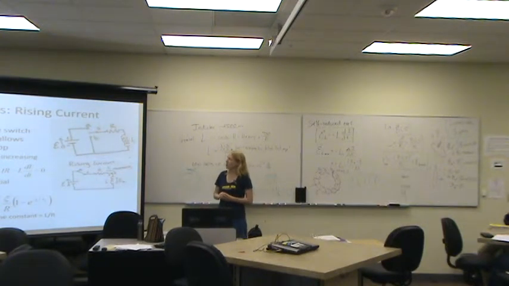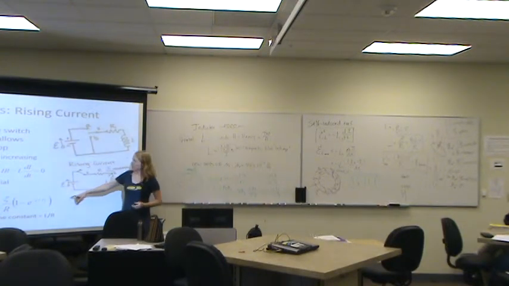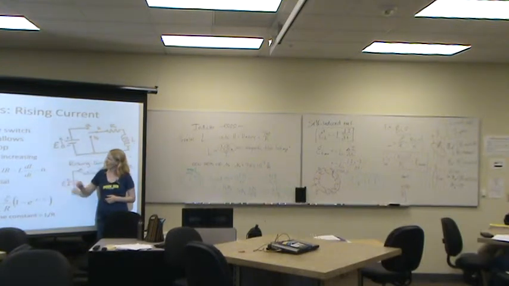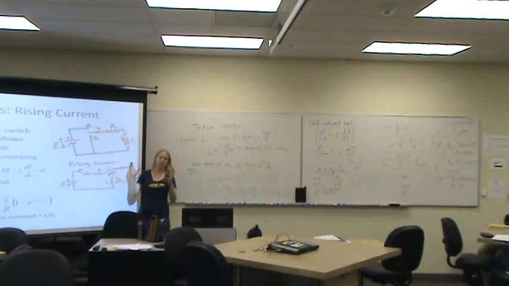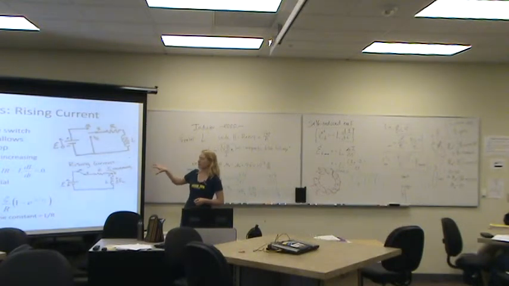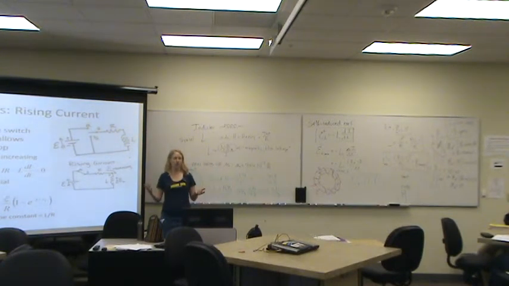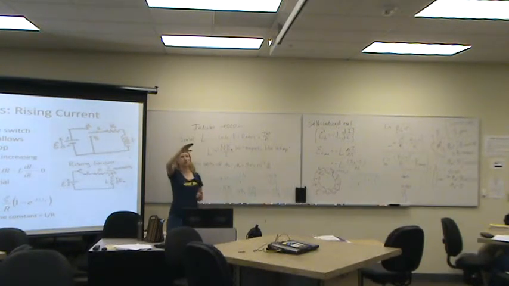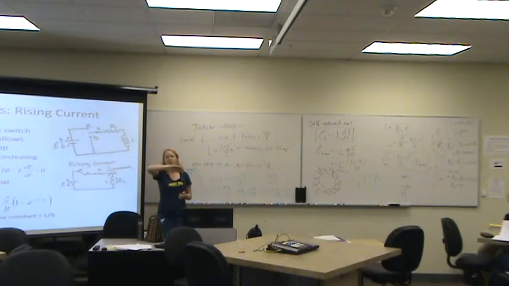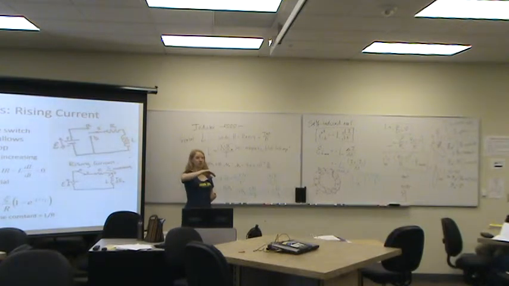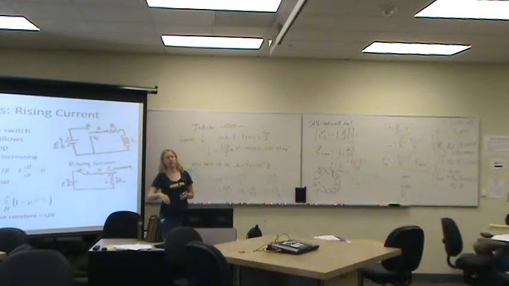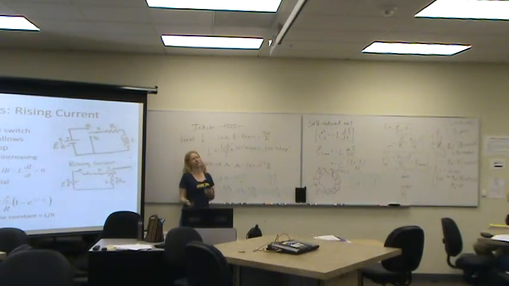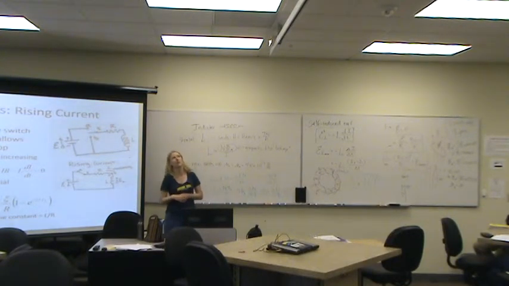The equation we get for current through the inductor has this form: EMF over resistance. That's like V equals IR, except I equals V over R. And then 1 minus e to the stuff. We learned 1 minus e to the stuff is the one that starts at 0 and rises towards an asymptote. That makes total sense because our current starts at 0, and as the current's been going for a while, the inductor relaxes and says, okay, I guess you can pass current through me.